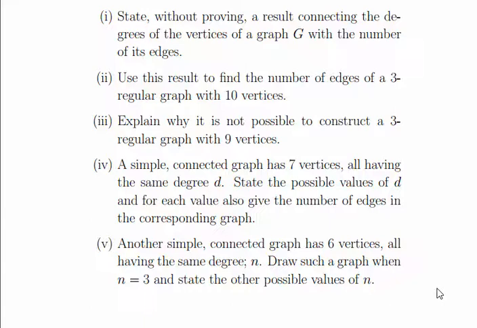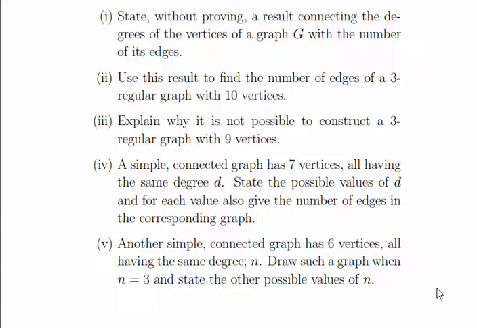Also, as it's a simple graph, the maximum is 6, because if it had degree 7, it would have to connect to one vertex at least twice, which we can't have.